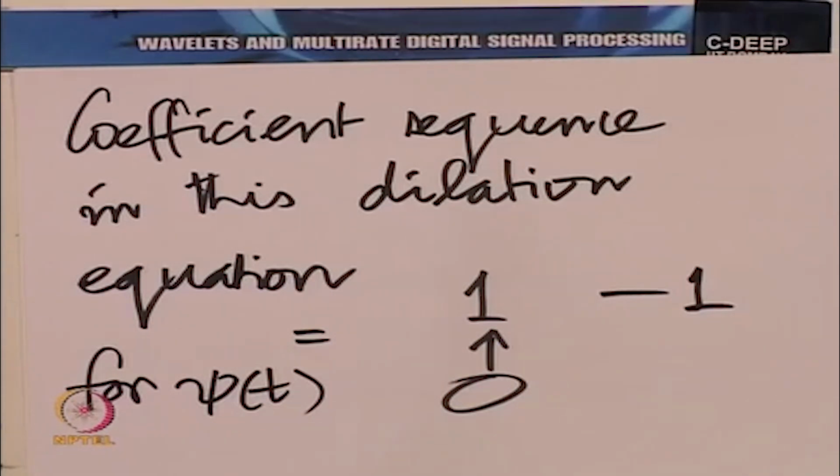Yes, indeed. If you look at the impulse responses either on the analysis side or the synthesis side of the low pass filter and the high pass filter, these coefficients are essentially those impulse responses. A minor difference. You see, on the analysis side you have a factor of half. For the moment, keep aside that factor of half.